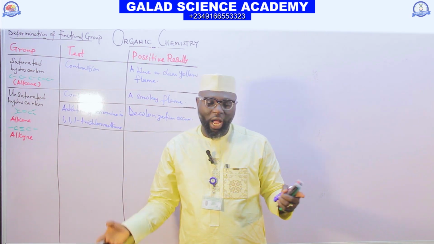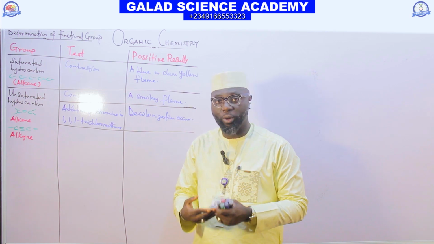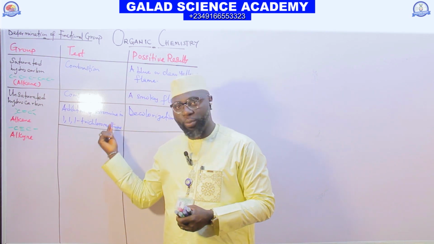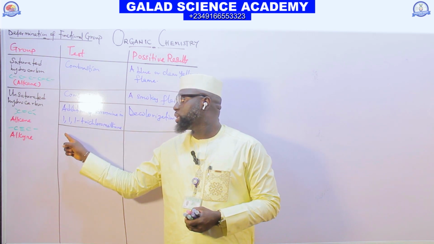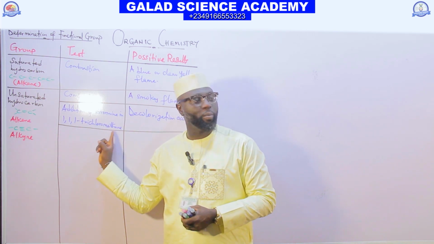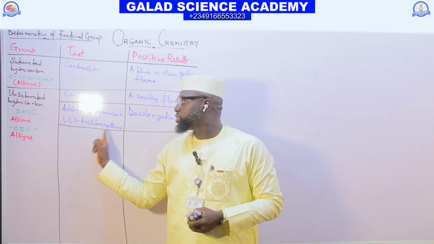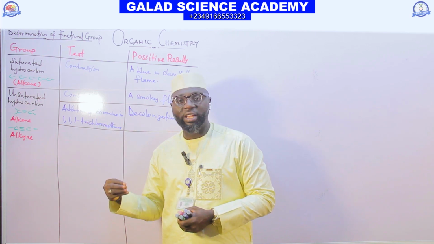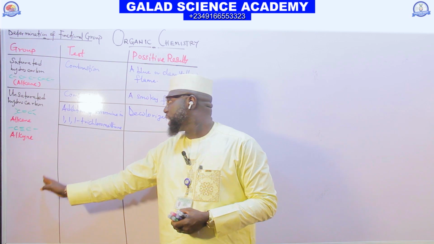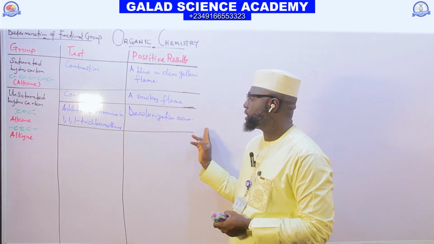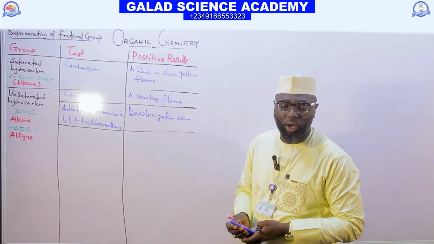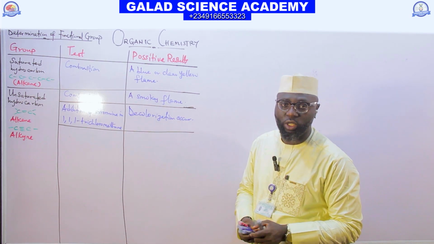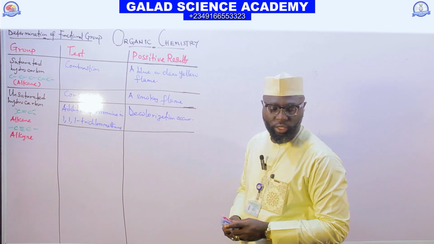Or if the hydrocarbon is reacted with bromine in 1,1,1 trichloromethane, the color of this reagent is brown. Whenever it reacts with unsaturated, it changes the color to colorless. Call it decolorization.